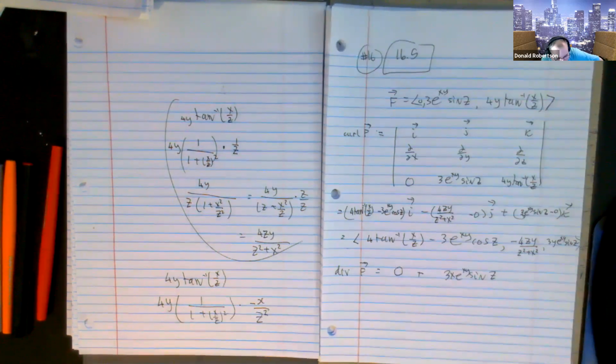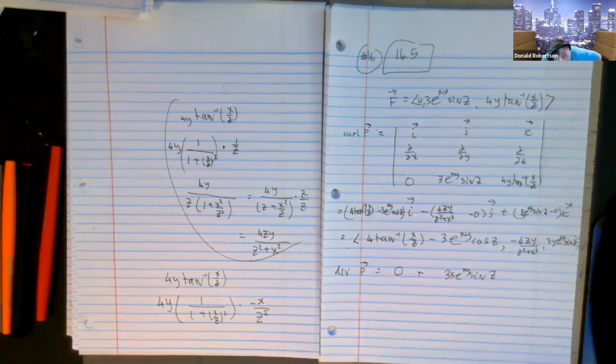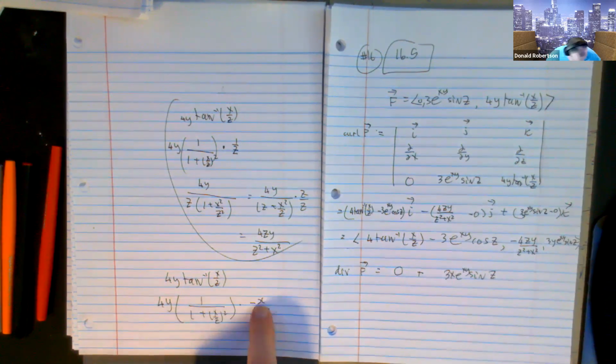Think of 1 over z gets you minus 1 over z squared. So x over z gets you this.